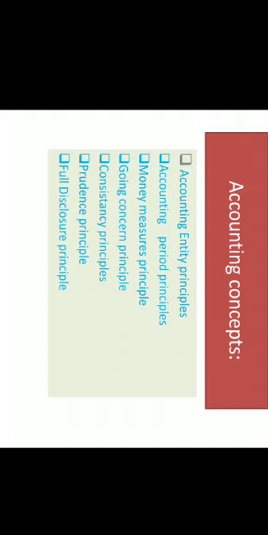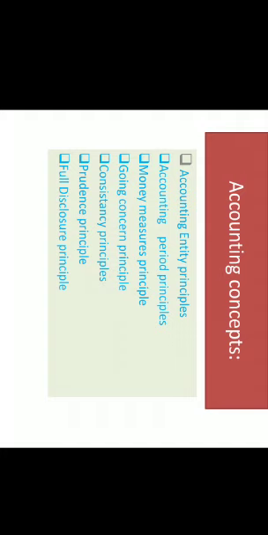Next one, the money measurement principle. Any transaction which has taken place in a business, we measure in the form of money. Only those which are capable of being expressed in terms of money are included in accounting records. Non-monetary events are not recorded.